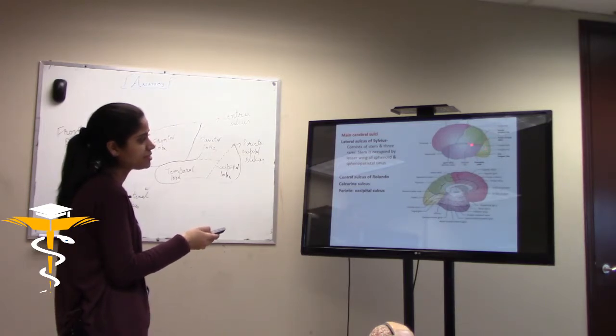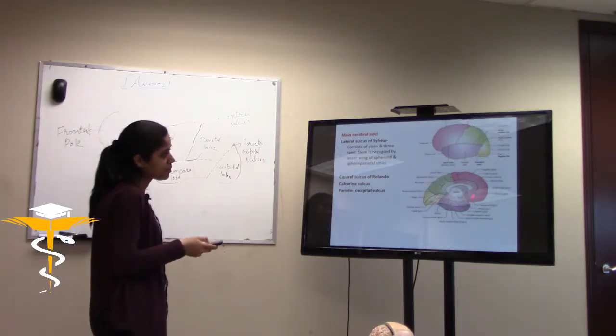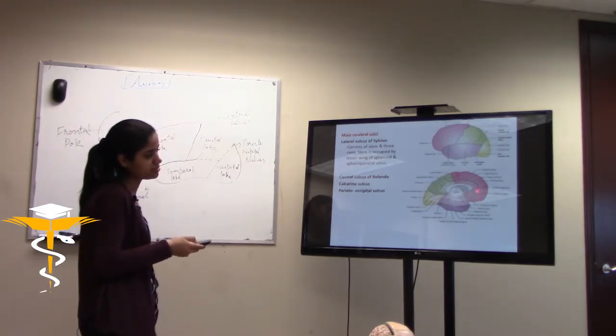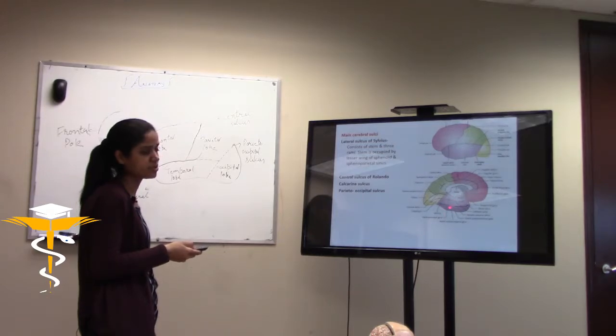And the fourth one is the temporal lobe lying below the lateral sulcus. And the same demarcation is shown on the medial surface. So on the medial surface, this is your frontal lobe, then we have parietal lobe, occipital lobe and the temporal lobe, right?